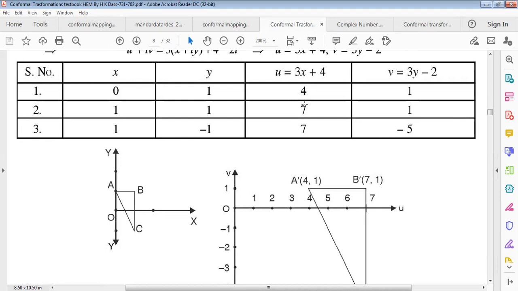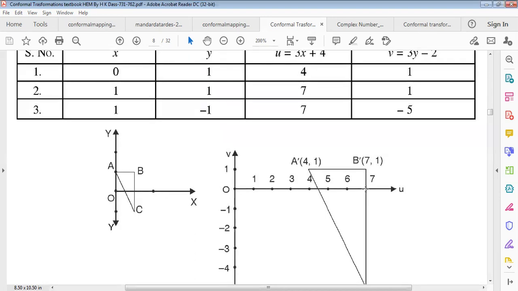Similarly, u equals 7 and v also equals 1. This is B dash, 7, 1, the value of u 7 and the value of v 1.